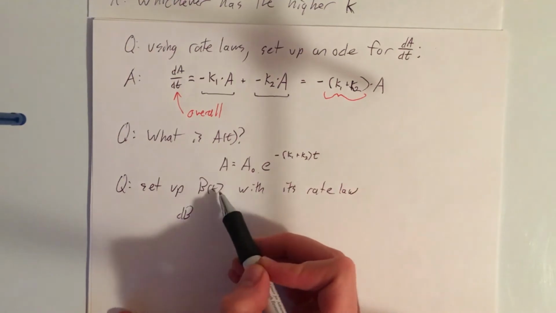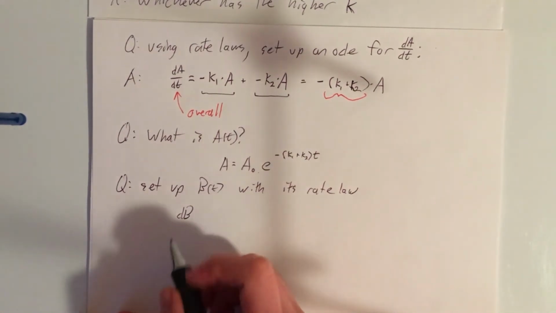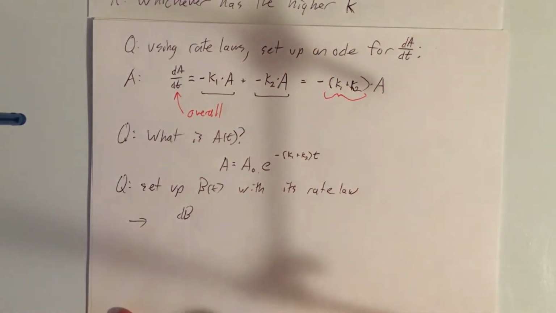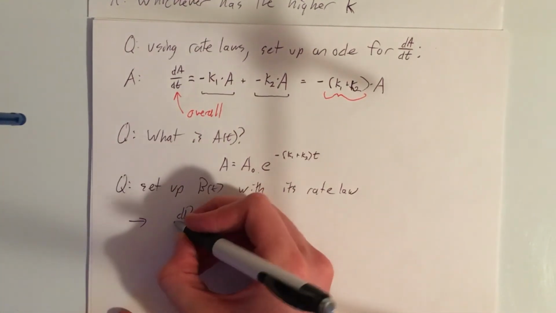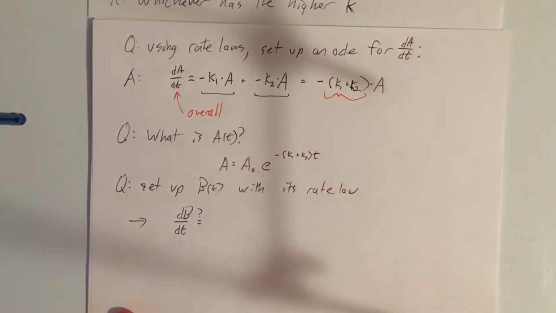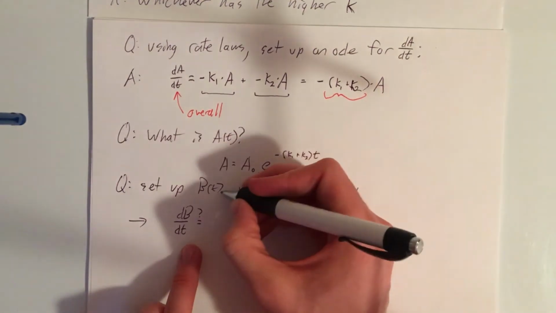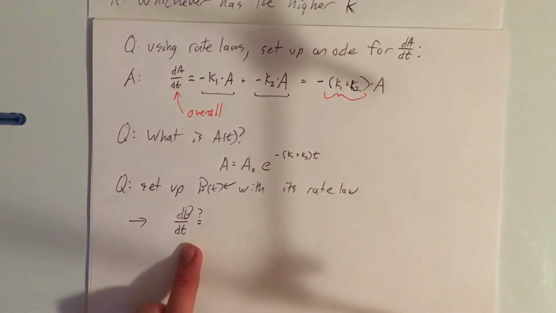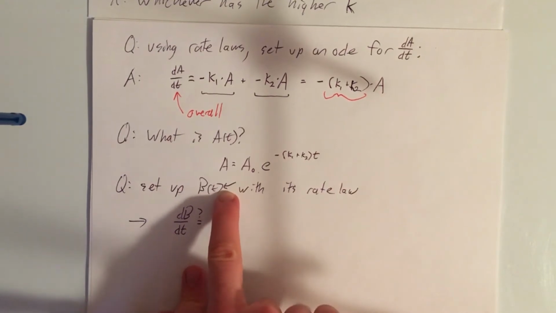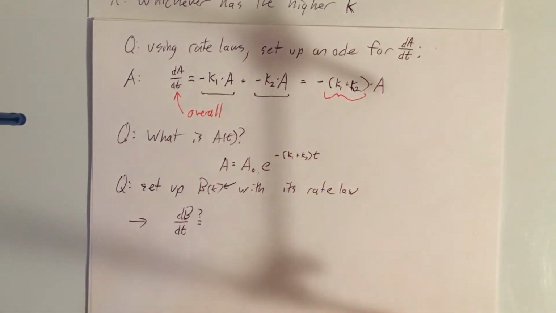So first we're going for B of T, but we need a couple of steps first before we can get there. So let's do the first step, which will be just setting up what dB dt equals. So take a moment now and set up dB dt from its rate law. It'd be challenging to jump right away to the answer of B of T. So this is ultimately where we're going in this lecture, but for now we're just going to do dB dt, and then we'll solve this ODE.